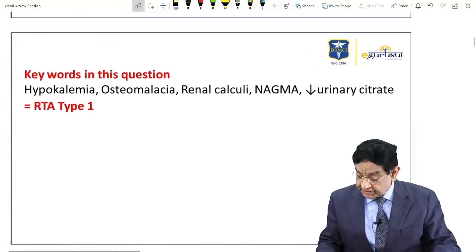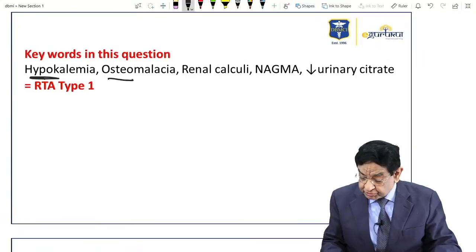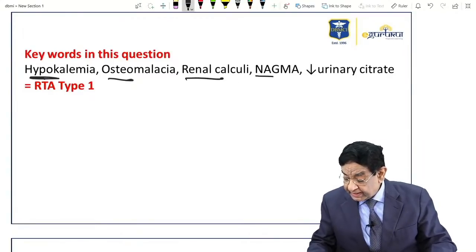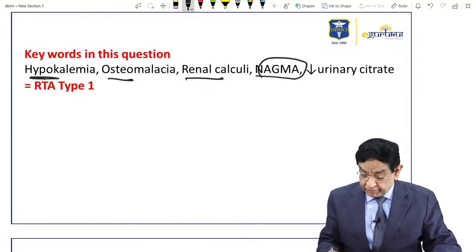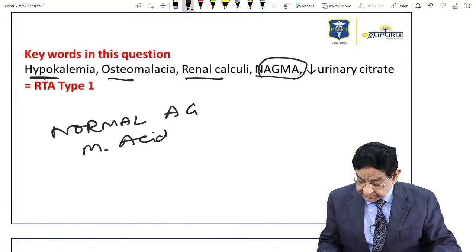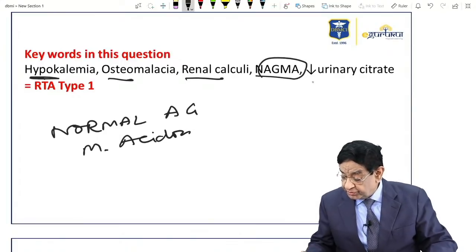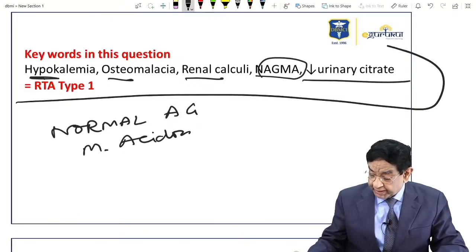The keywords in this question: hypokalemia, osteomalacia, renal calculi, NAGMA. NAGMA is normal anion gap metabolic acidosis. Reduced urinary citrate, this is all RTA type 1.